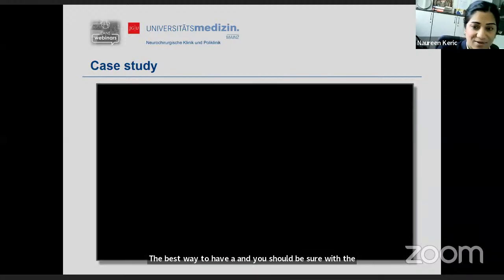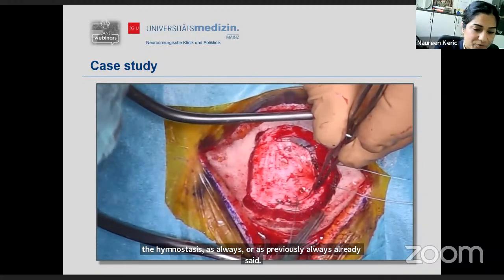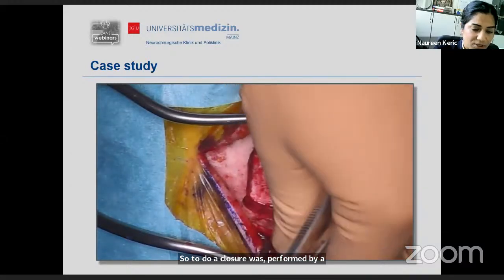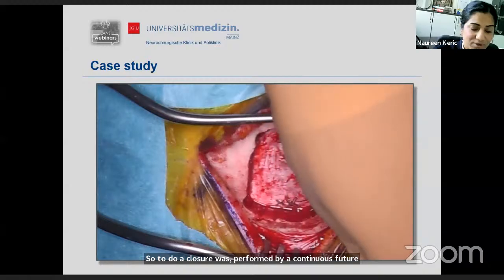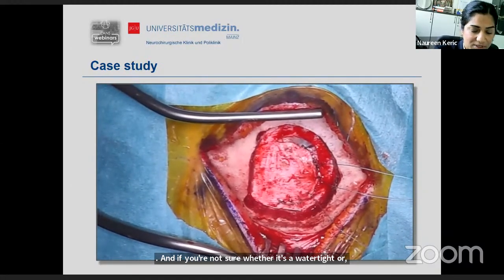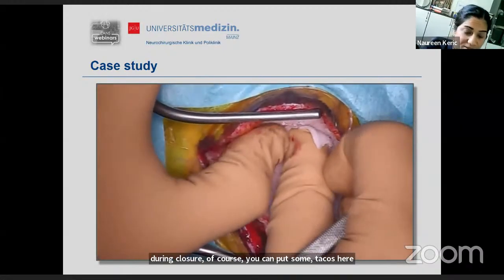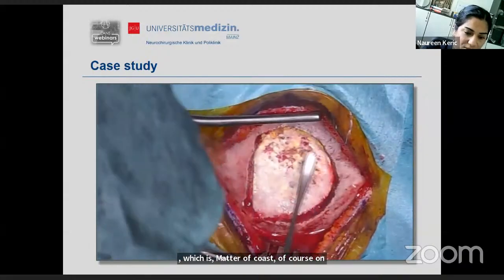as previously already said. So the dura closure was performed by a continuous suture. And if you're not sure whether it's a watertight dura closure, of course, you can put some Tachosil, which is a matter of cost, of course, on just to make sure that you have a watertight closure.